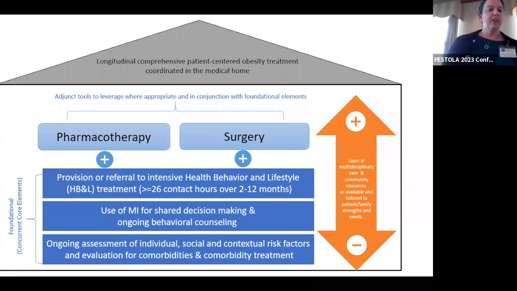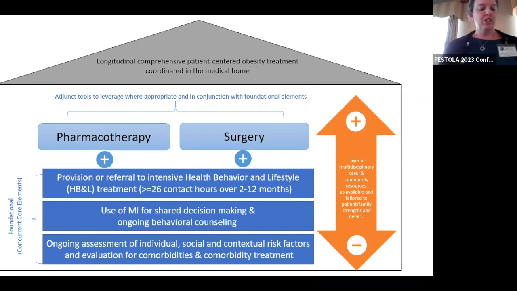So putting it all together, this figure here represents the crux of the CPG, in that we need ongoing assessment and evaluation of obesity, of all the risk factors for that specific patient, and to evaluate comorbidities, using MI and shared decision-making for ongoing behavioral counseling, and providing intensive lifestyle behavior treatment as available.